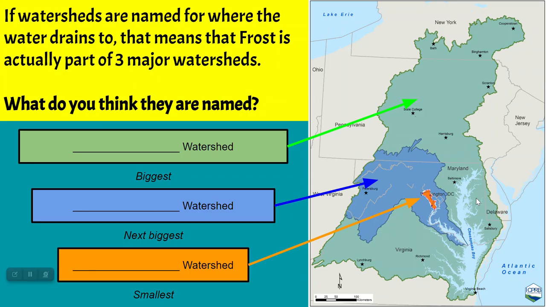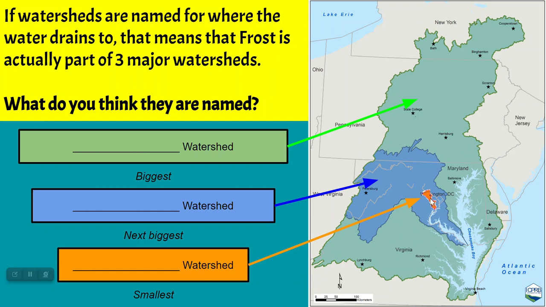All right. So thinking about watersheds, what we know about watersheds. In Frost Middle School, we are located inside this little orange sub-watershed. So watersheds are named for whatever body of water all of the water is draining into.